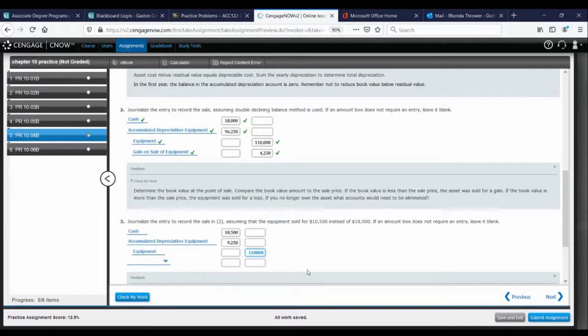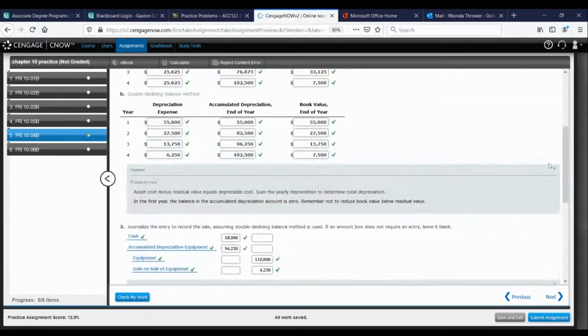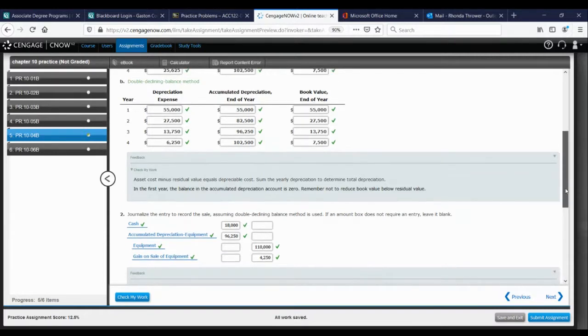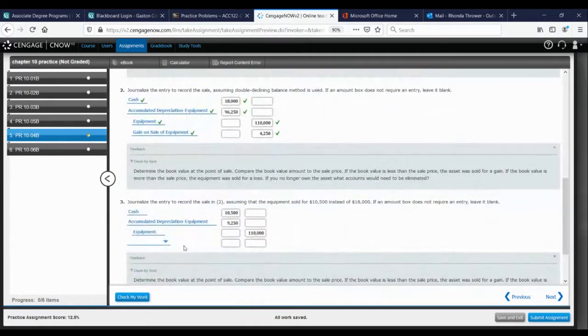And then I would compare the $10,500 to my book value at the end of year 3. Notice your book value at the end of year 3 is more than what you received in cash. So therefore, there is a loss on the sale of this asset.